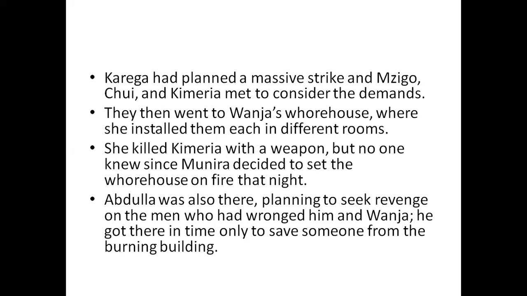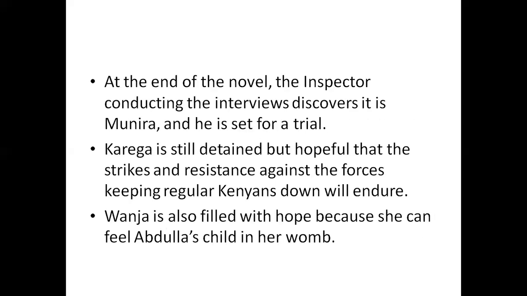So actually, Munira set fire on this house. Karega is still detained, but hopeful that the strike and the resistance against the forces keeping the regular Kenyan down will endure. And Wanja is filled with hope because she can feel Abdullah's child in her home.